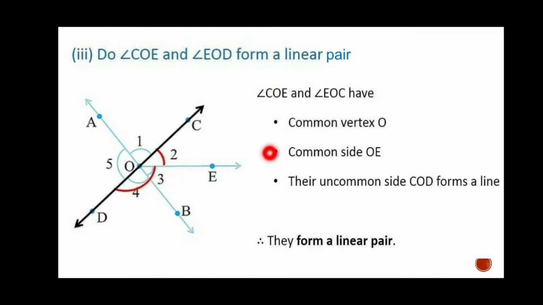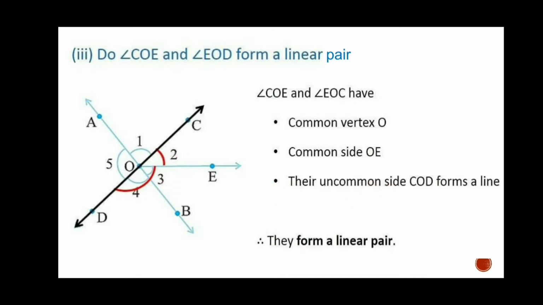Now see, they have a common vertex, they have a common side also. OE is the common side, and their uncommon sides, COD, this black line, form a straight line. It means it makes an angle of 180 degrees.